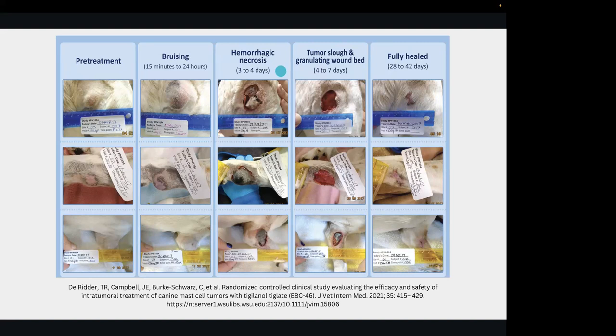So disgusting. It sloughs off, and then underneath you have this very pretty bed of granulation tissue. So the immune system has already started going to work from day 1, and when the tumor falls off, the body is already starting to heal itself, which I think is really cool. And then a month or 2 later, it should look pretty normal.